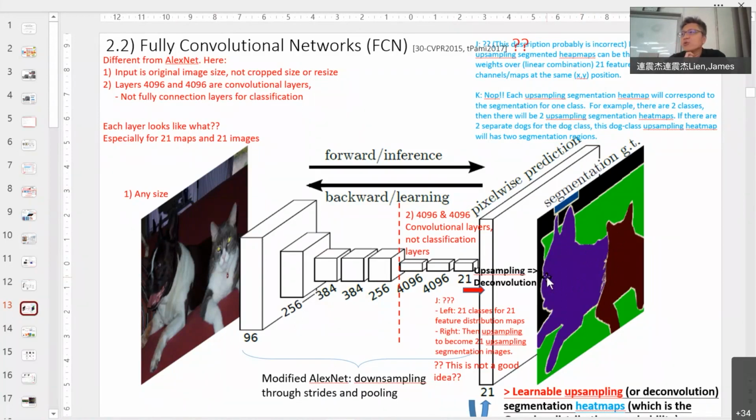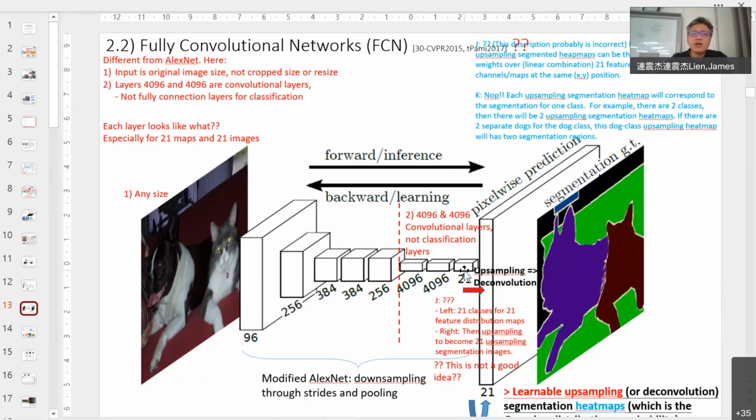We want to recover back to the original image size, or 2 times or 4 times less than the original image size. I say again, here we have 5 downsampling steps. Up to the last blocks, probably 7x7 or 14 by 14 image size. However, your input here is 200-something by 200 or 500 by 500. So it's too small.